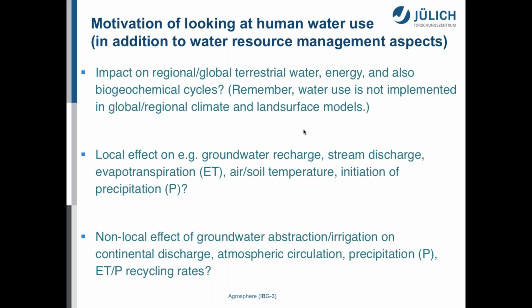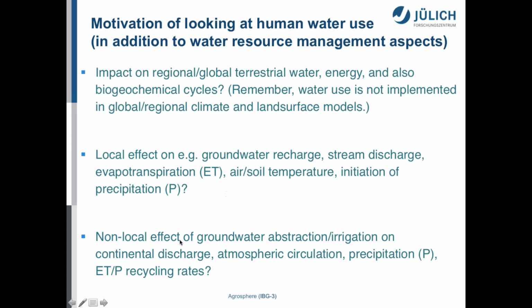Local effects on groundwater recharge and stream discharge and evapotranspiration. I feel these are impacts that are more intuitive to everybody. Like, of course, groundwater irrigation from groundwater abstraction will change ET, but what is also the impact on initiation of precipitation? I think these are the questions that may become important in future.